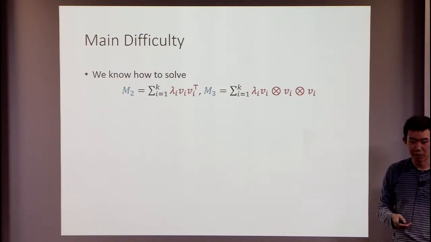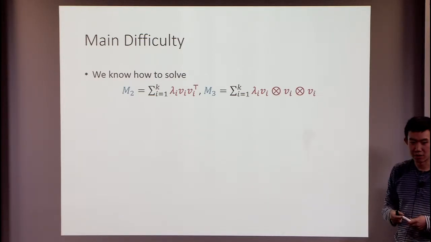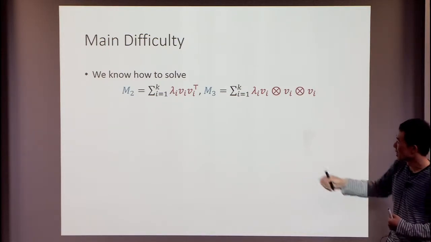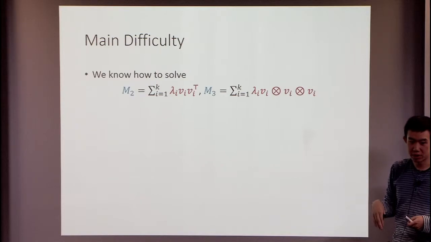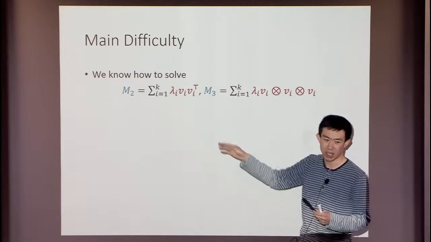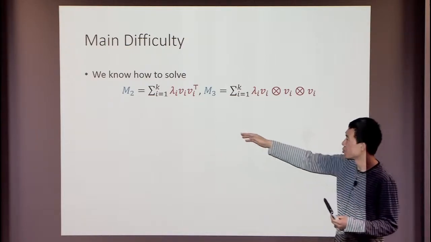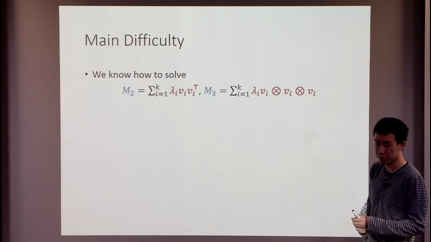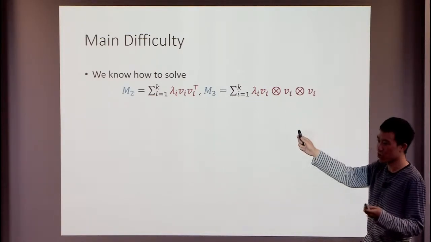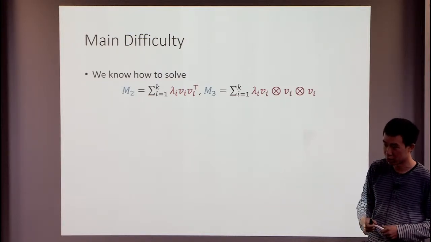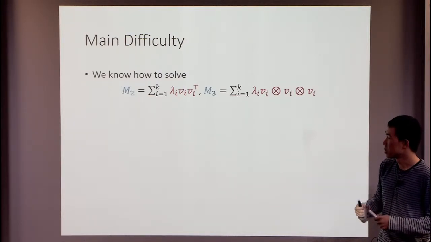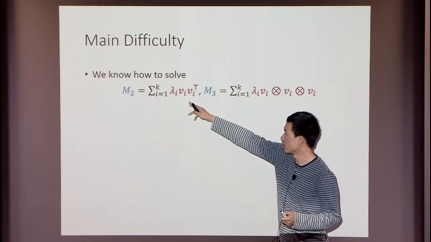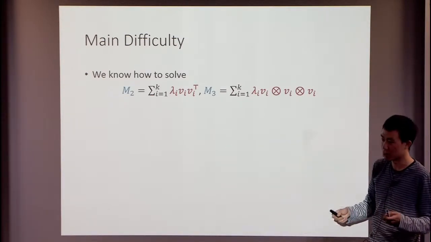So we want to apply the same thing to the mixture of general Gaussians problem. Again, we will think of these lambda i's as the mixing weights. And these v_i's, we don't have means anymore, so think of them as the vectorized version of the covariance matrix. If we can get something like that, we will be able to apply the tensor decomposition algorithm. Now, of course, the covariance matrix lives in second order, so this is a product of second order terms. So it should live in the fourth order moment.